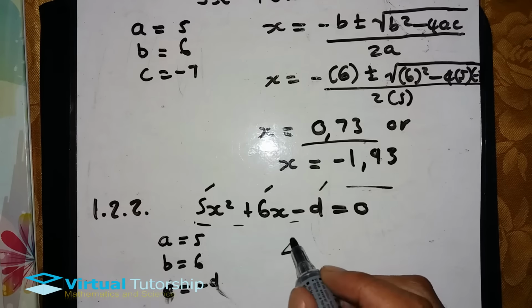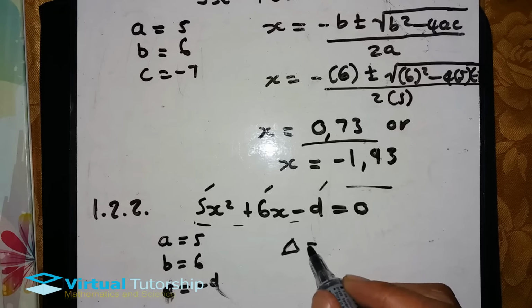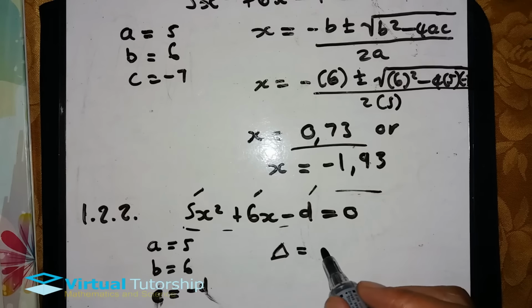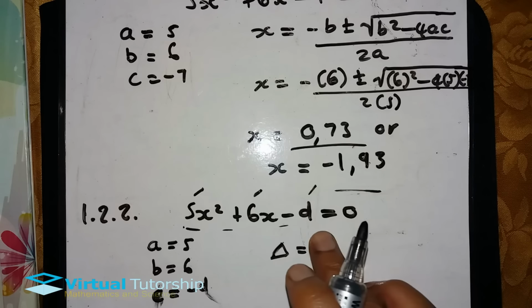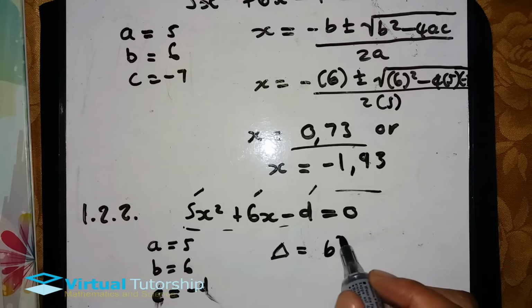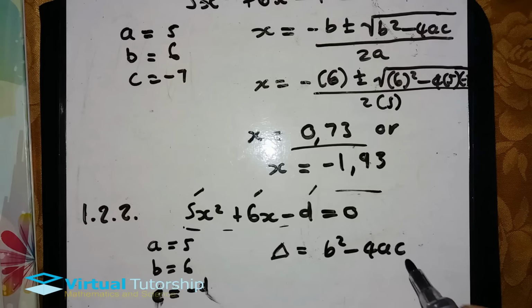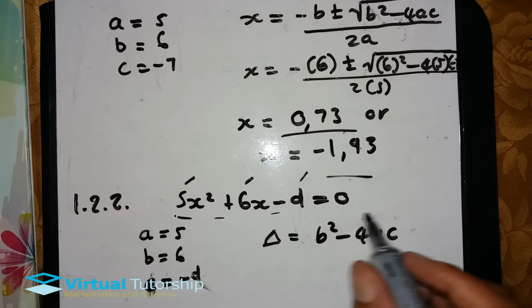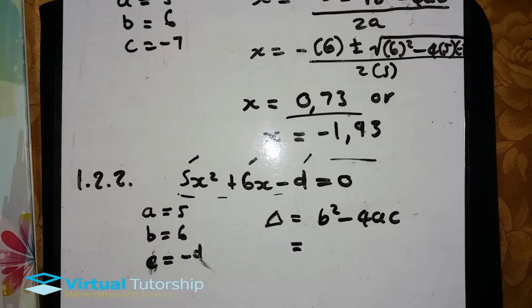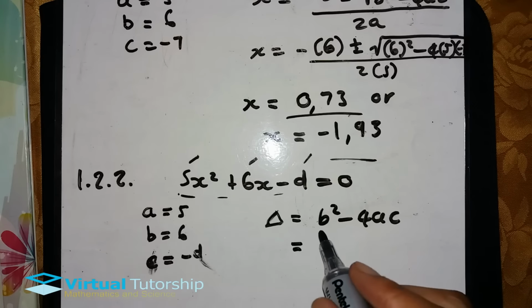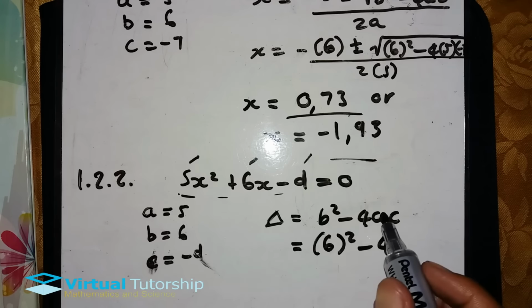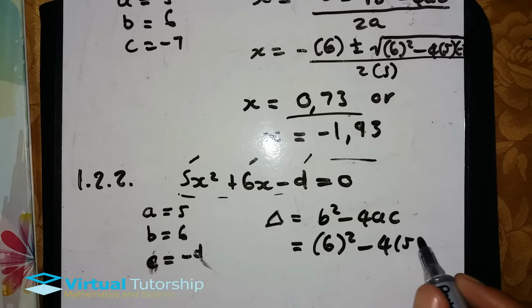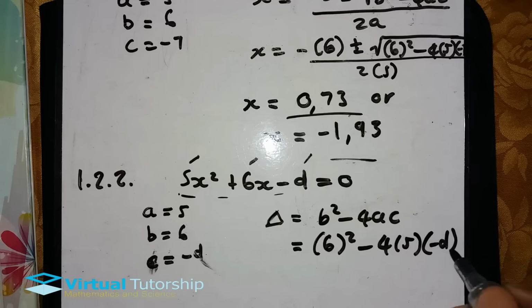So look, for the nature of the roots, delta is equal to b squared minus 4ac, right? Substitute again. b is 6, minus 4, a is 5, c is negative d.